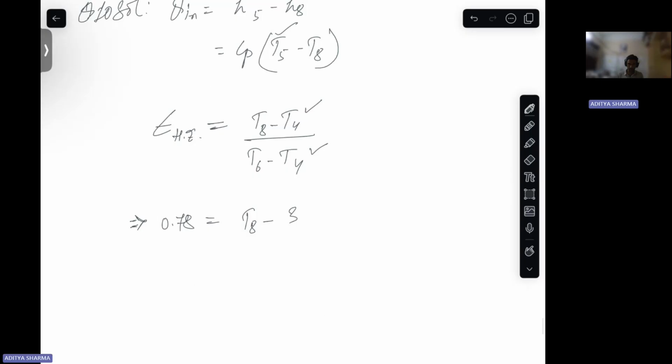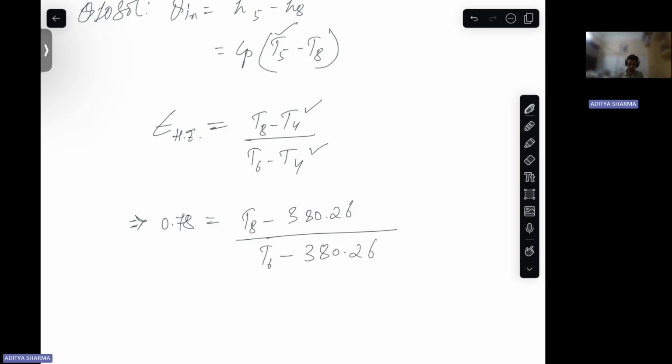Which basically is 380.26 divided by T6 minus 380.26.